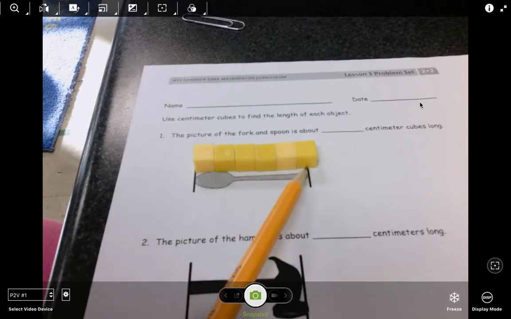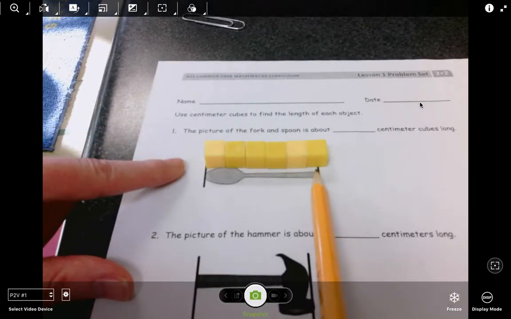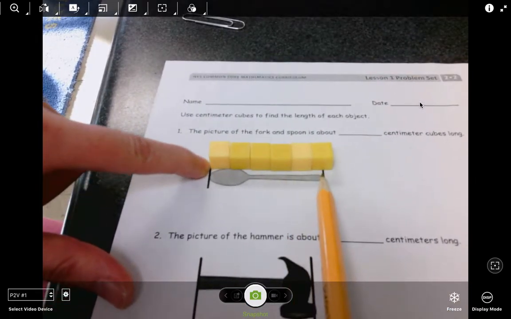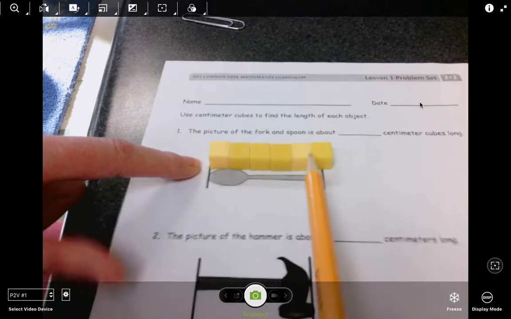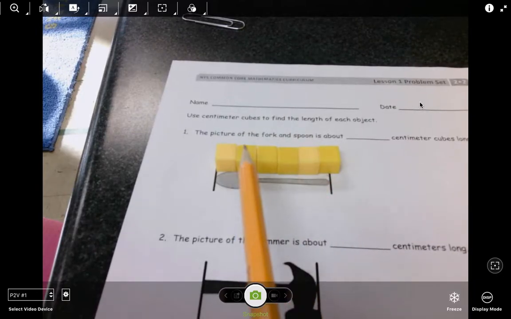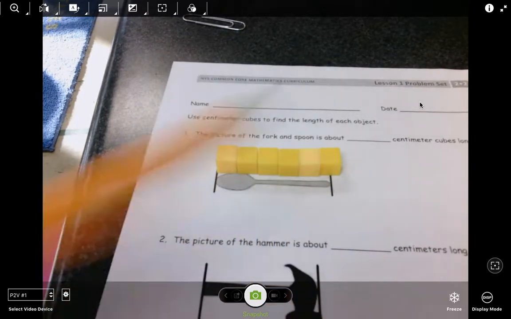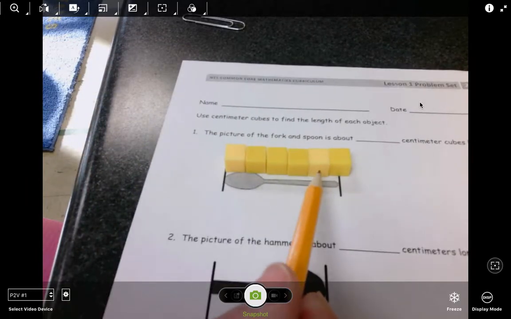Now you can see I added another centimeter cube. But if you look at it closely, the end of it here is actually a little less than half of my cube. So we were teaching children, then you go to this first one here, so then you would know that you would go to 1, 2, 3, 4, 5 centimeters.